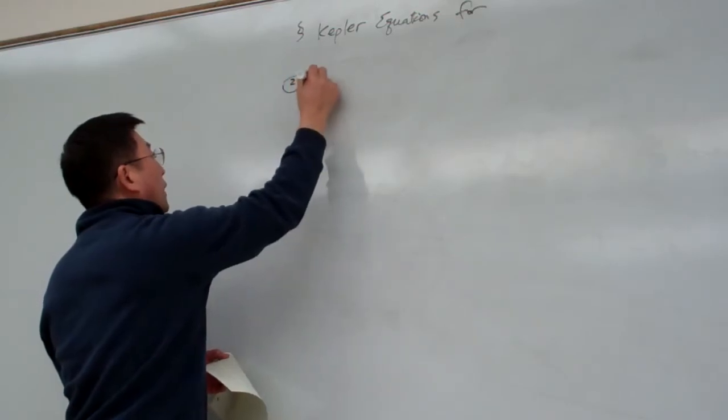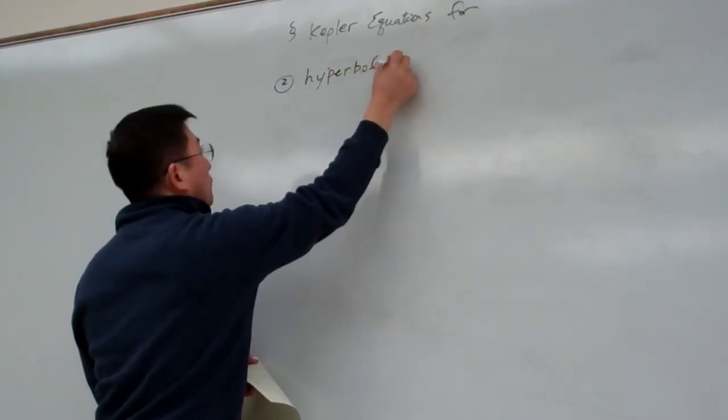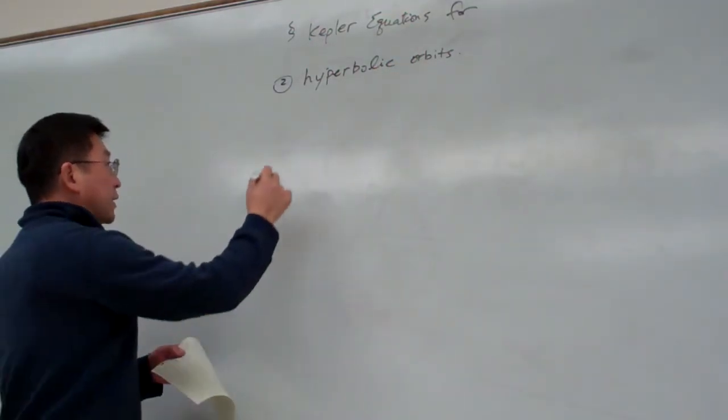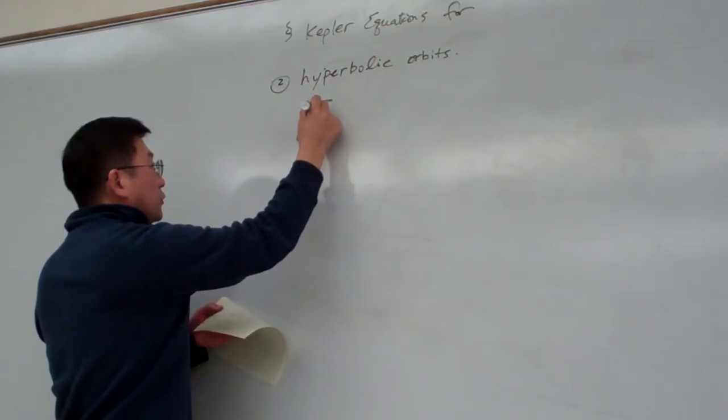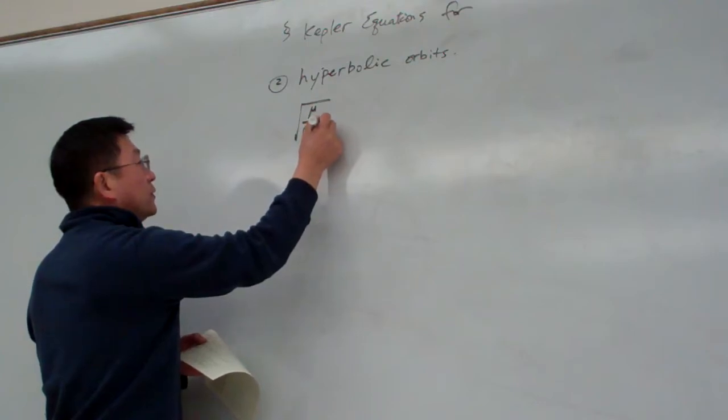The second one, hyperbolic. And this one, again, we have the square root of mu divided by minus a cubed.